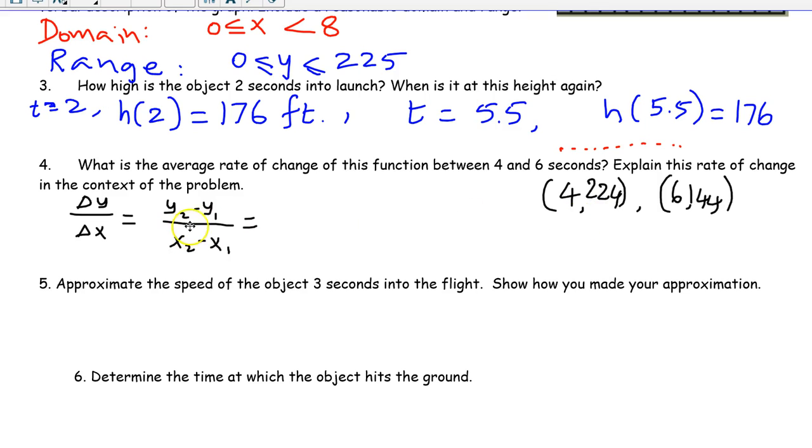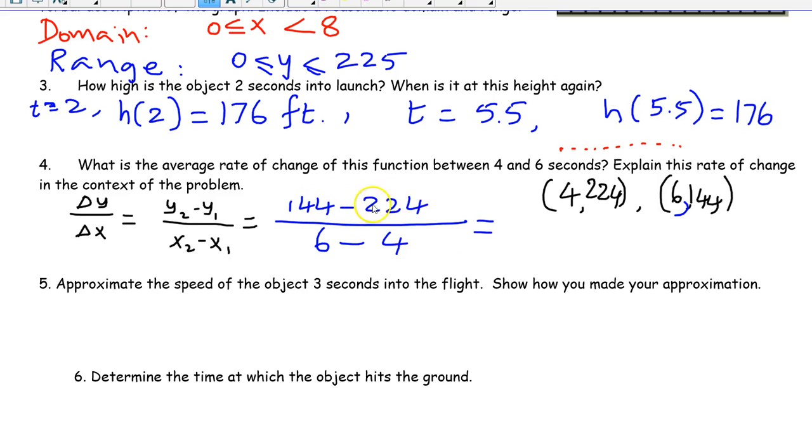Right. Let us substitute the values here. Y2 is how much? 144, minus y1, 224, divided by x2 minus x1. X2 is 6 and x1 is 4.